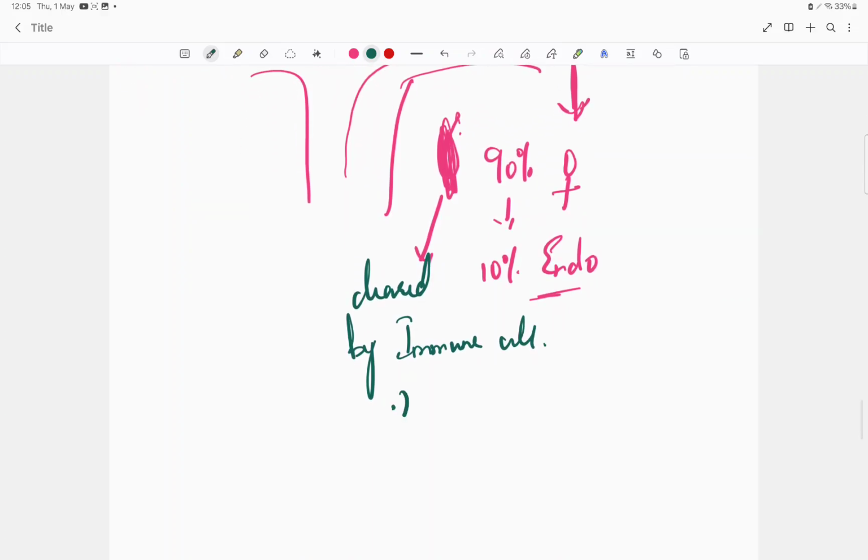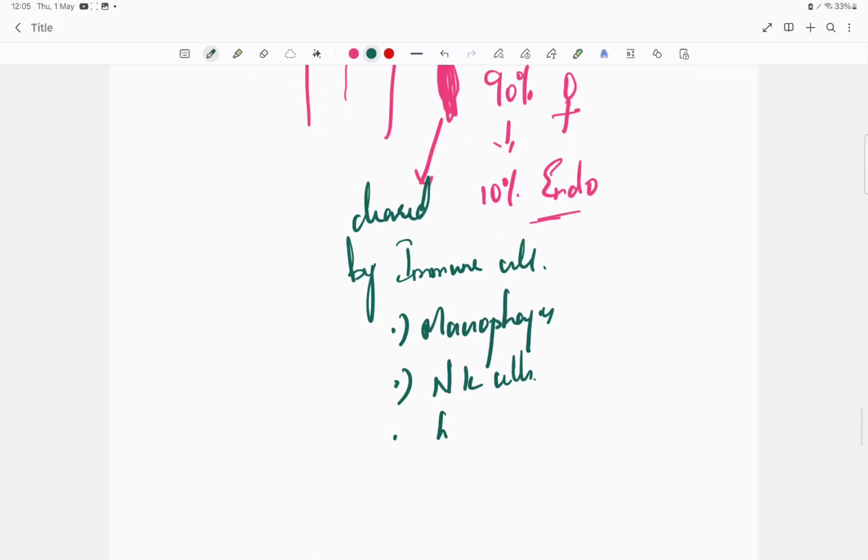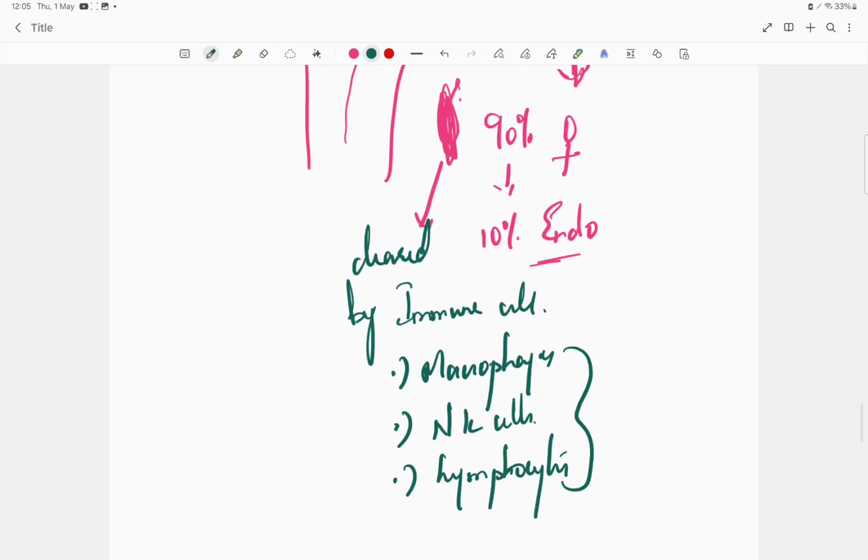What are the immune cells that we have? One is macrophages. Next is NK cells. And third is lymphocytes. So what do these three cells do? They will clear all the endometrial tissue present inside the pelvic cavity or the dependent part of the pelvic cavity.